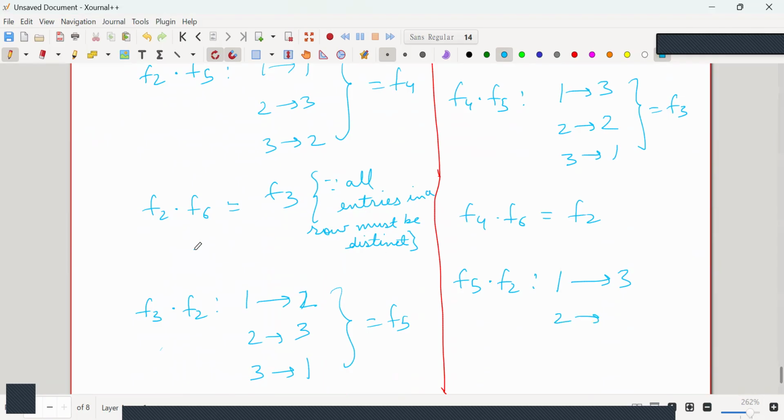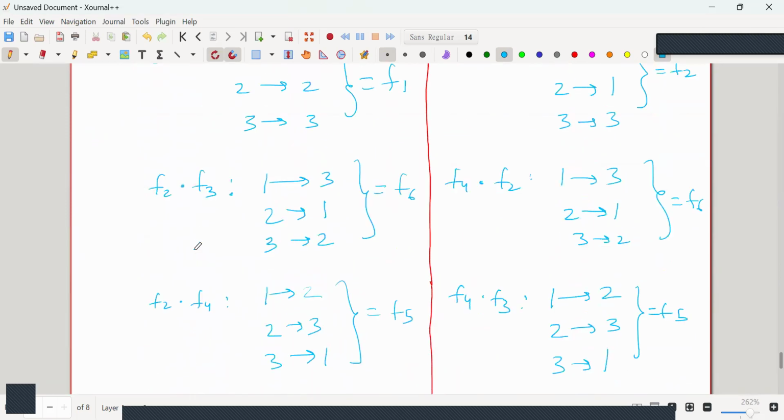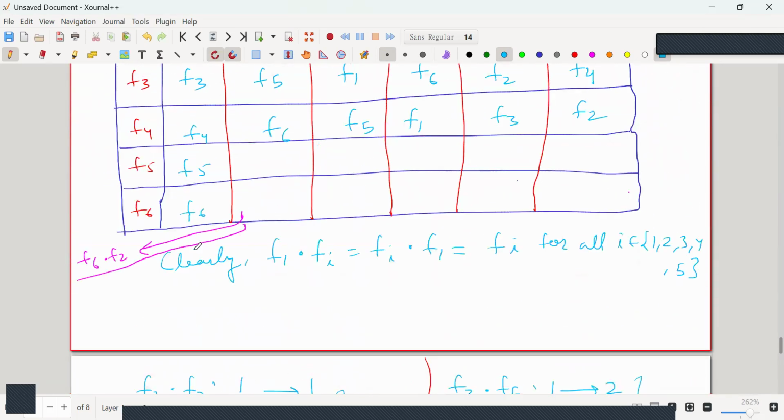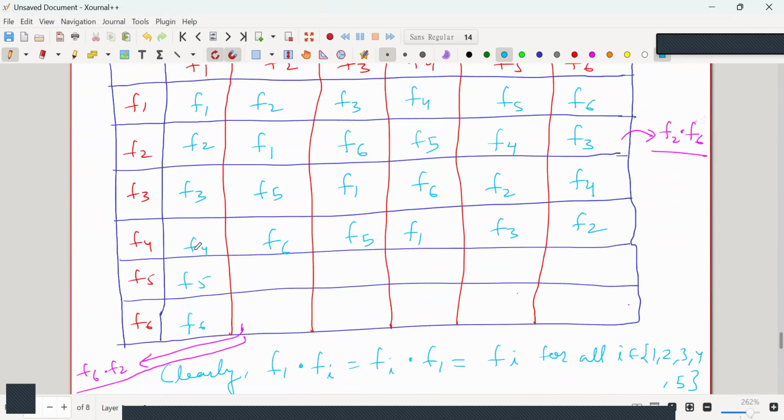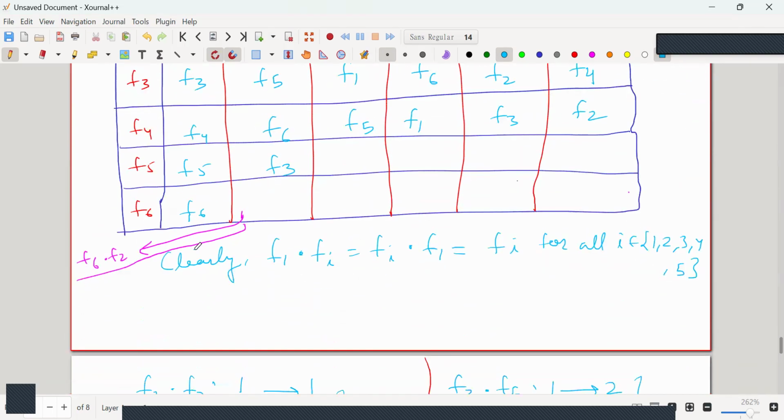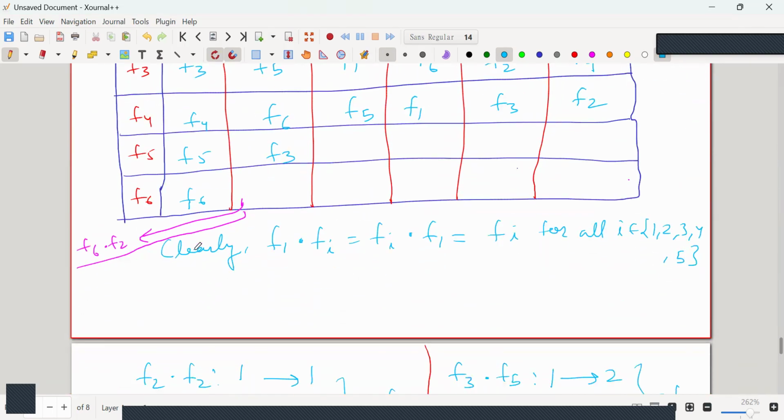So 2 will be fixed to 2, and F2 fixes 3, and F5 maps 3 to 1. So this will be 3 going to 1. So this will be your F3. I hope so. F3, right?